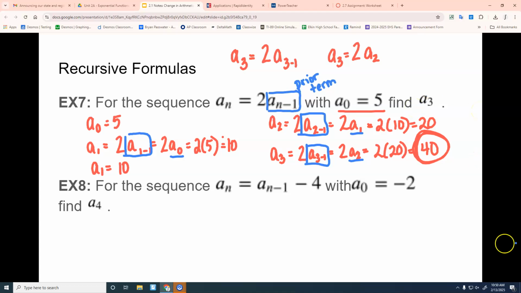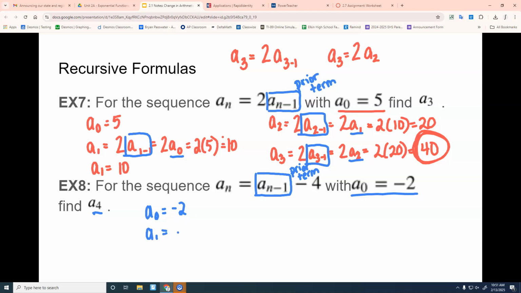So if we look, for example, at number 8, they have us start at a sub 0, and we want to get to a sub 4. Okay, this time my rule is a sub n minus 1, which I can think of as the prior term, minus 4. So if a sub 0 is negative 2, I'm going to write out the work for this, and then we'll quit using the work.